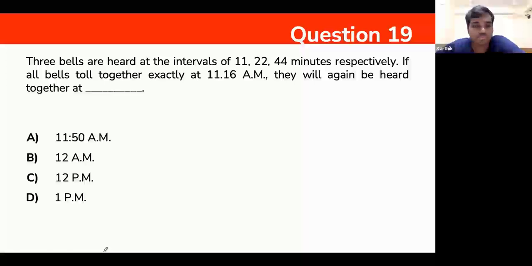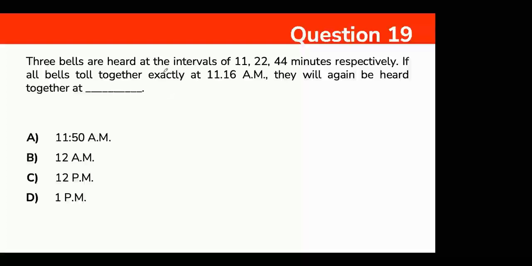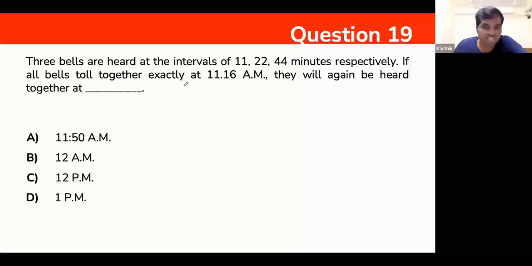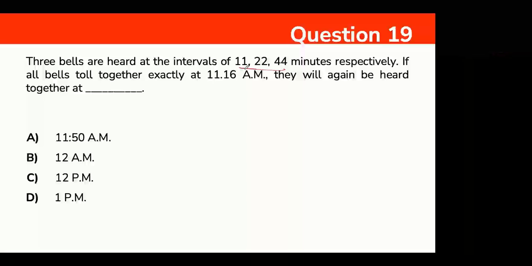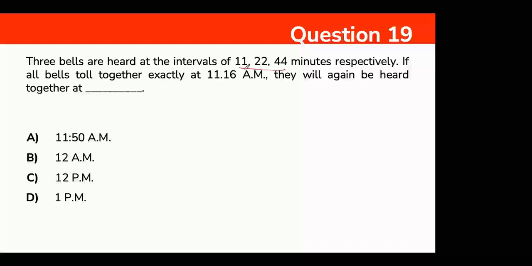So how will you do this? LCM of 3. Okay. Now why LCM and why not HCF? Because these three have to ring together at a particular time. So we'll have to find the LCM of 11, 22, and 44. So they will ring at 44.